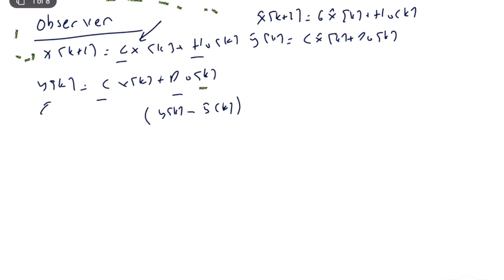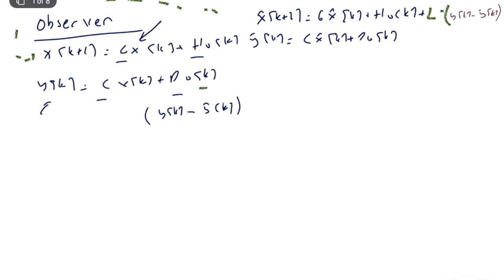I feed it to my original system through a slightly non-intuitive structure, and I add a new term L. So L is a parameter times y of k minus y hat of k. So let's look at this in a second.